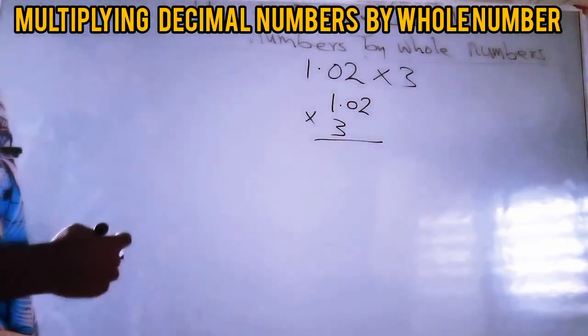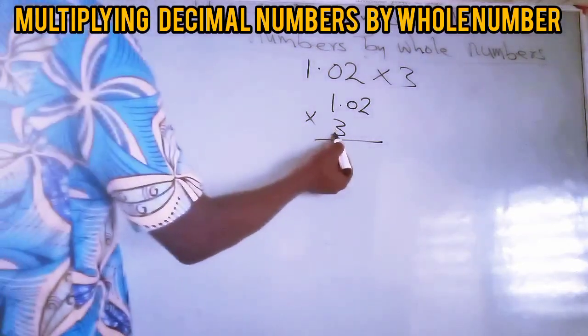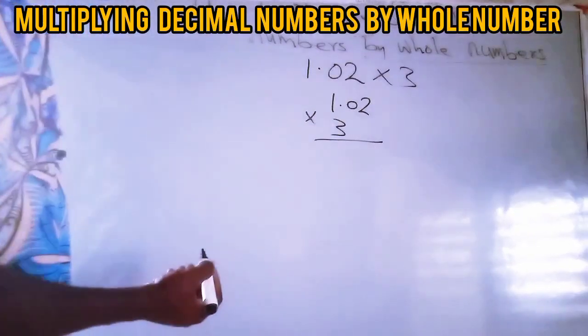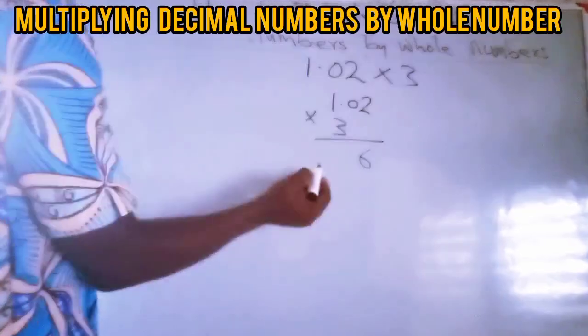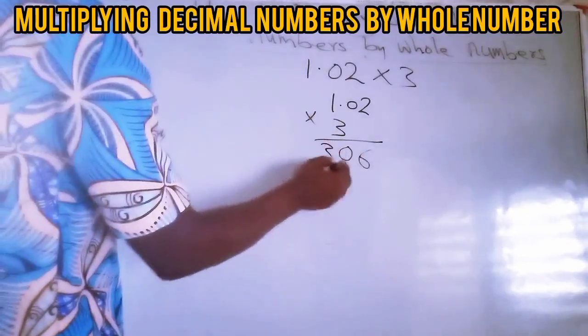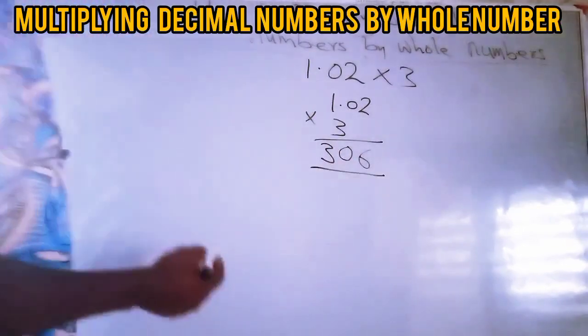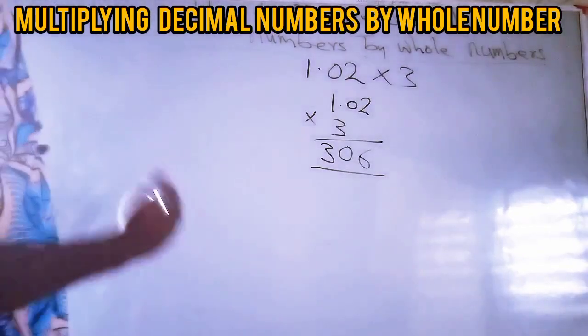As the first rule says, ignore the decimal point. So we are multiplying 3 by 2. 3 times 2 will give us 6. 3 times 0 will give us 0. 3 times 1 will give us 3. So you have this. Now we count the decimal places in the question.